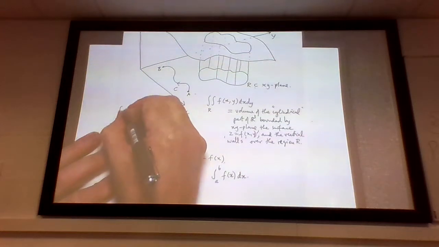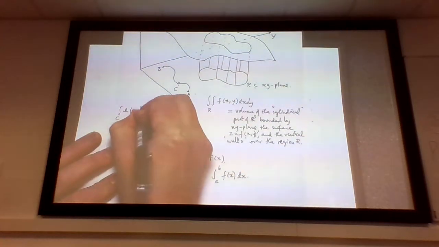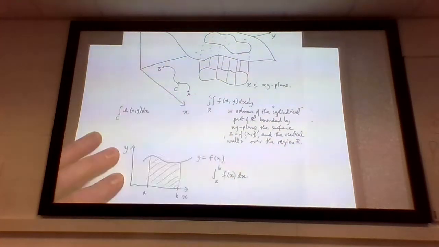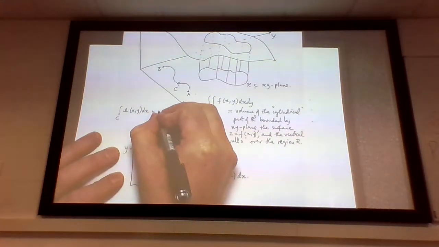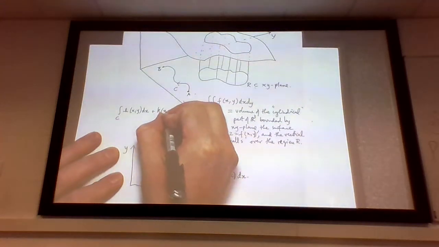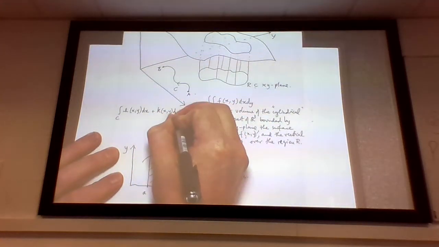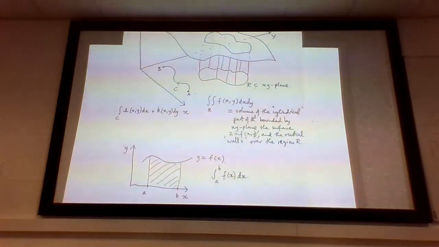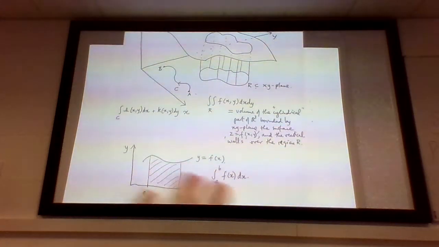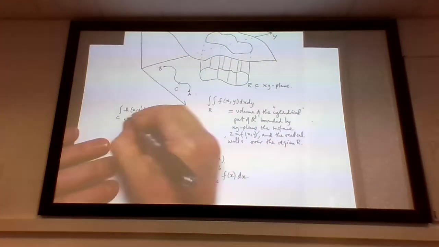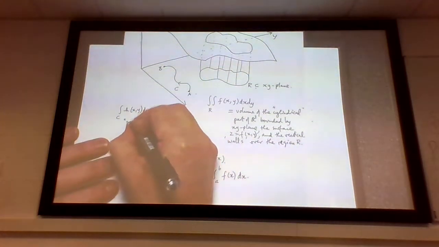But here we'll be integrating objects that look like, in general, a function h of the two variables x and y dx plus another function, k, another function k of the two variables x and y dy. Now this thing doesn't have an immediate easy geometrical interpretation, but this is called the path integral.